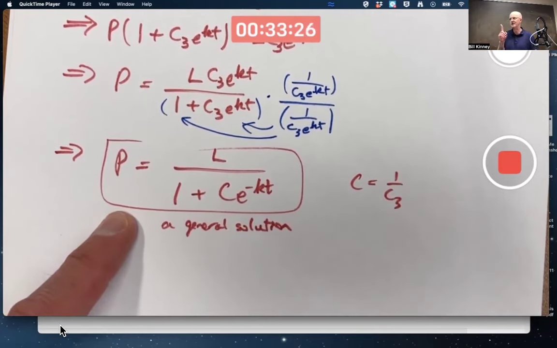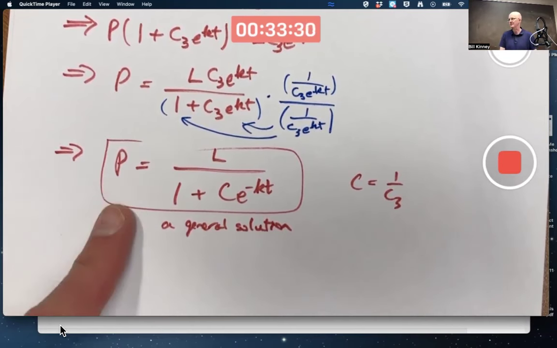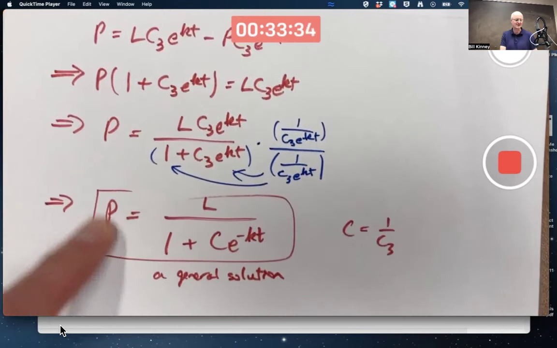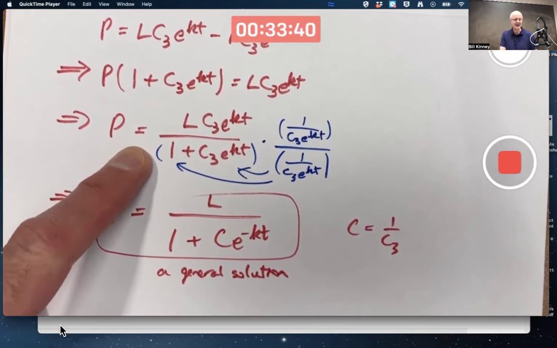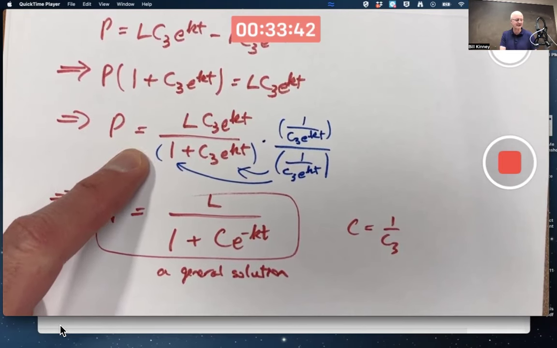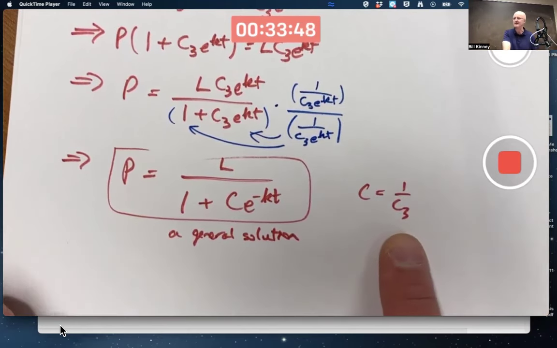There's one solution in particular that's not in this form for any value of C, though it is in this form if C3 is 0. It's the 0 function. It satisfies this form when C3 is 0, but there's no value of C that will make this thing always 0, effectively because we obtain C by dividing by C3.